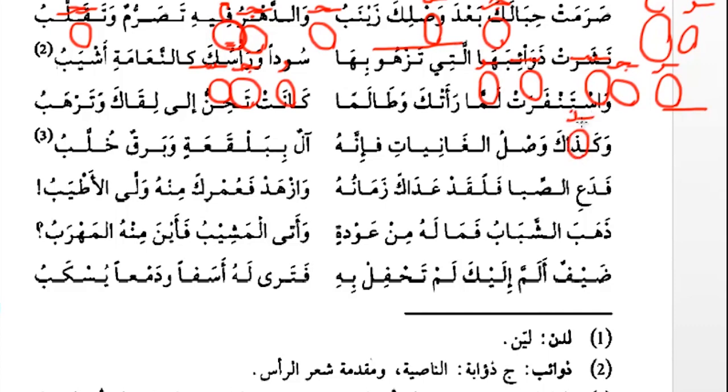I needed the dal at some point. There's a ra here. There's a kha. There's a dal again. There's a zain. And here's also another zain. A ra connected from the right.